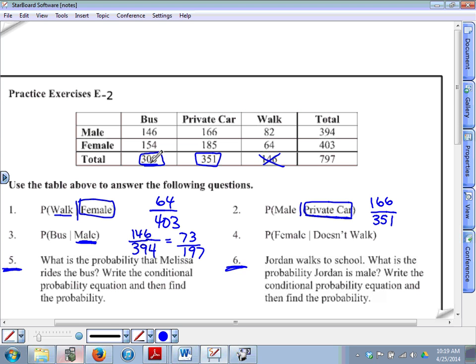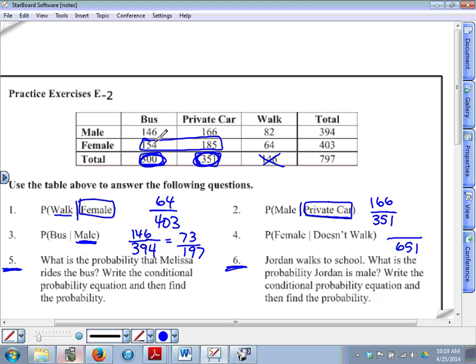What's the chance you choose a female given that they don't walk home? They either take a car or they ride the bus, so there's 651 people that do that. And of the group that ride a bus or take a car, how many of them are girls?